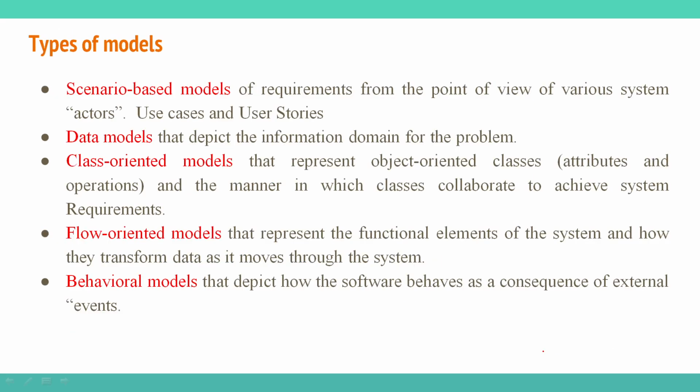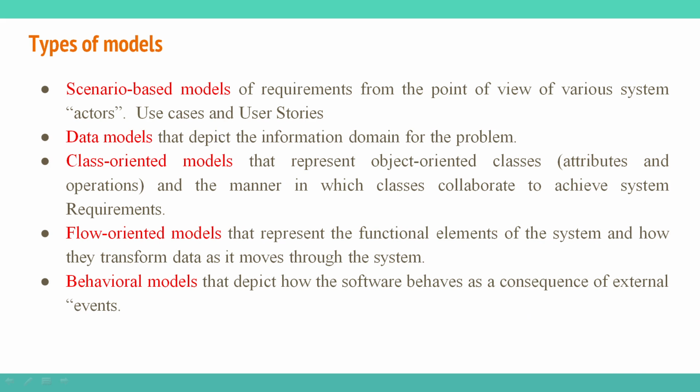Then there are different models available. We are not going into the details of this. We are just talking about the way in which the models act and what the different models are. First one is the scenario based model. As the name indicates, what is a scenario? A scene means a set of events.